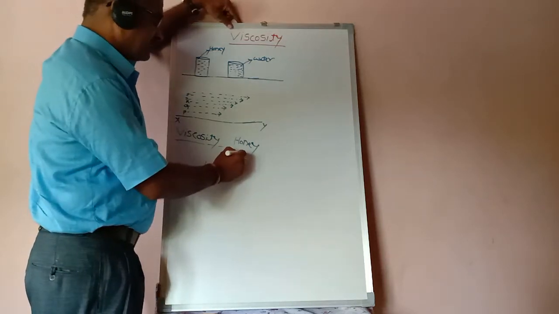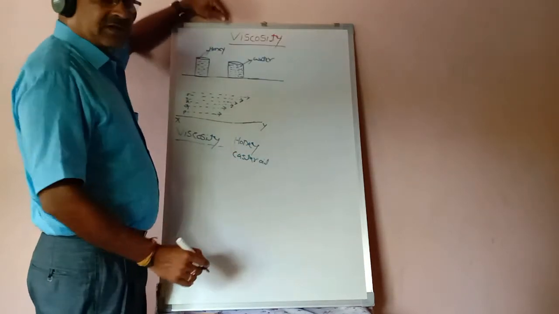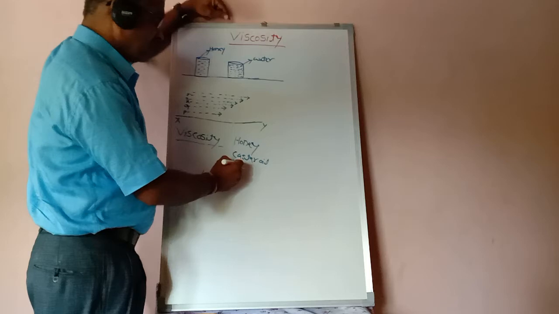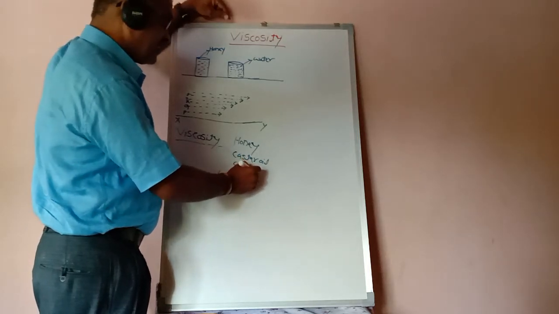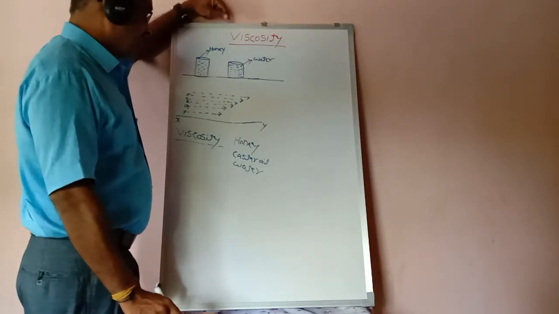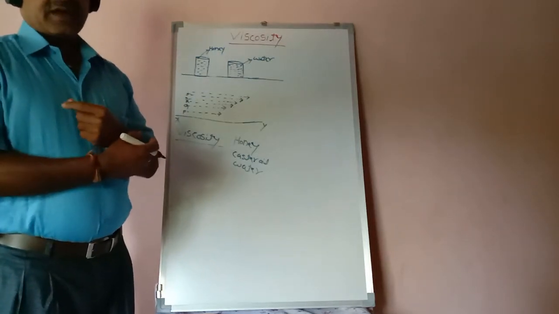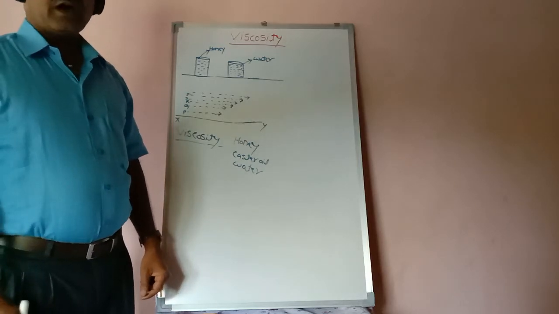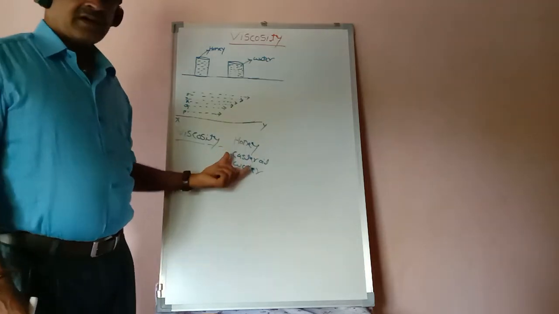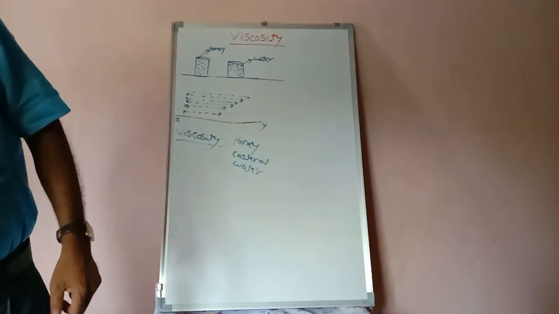And castor oil's viscosity is greater than that of water. Water's viscosity is greater than air's viscosity. We can easily walk in air, but we cannot easily walk in water because water's viscosity is greater than that of air.